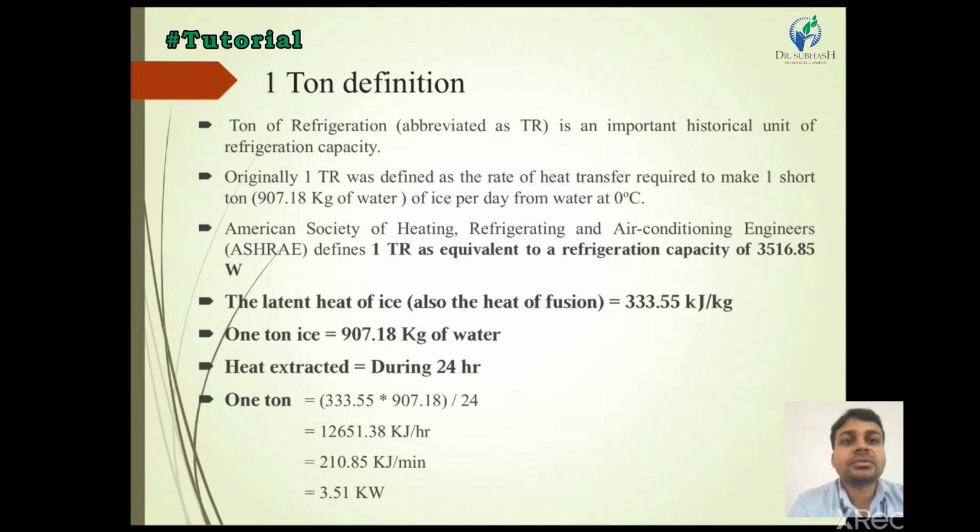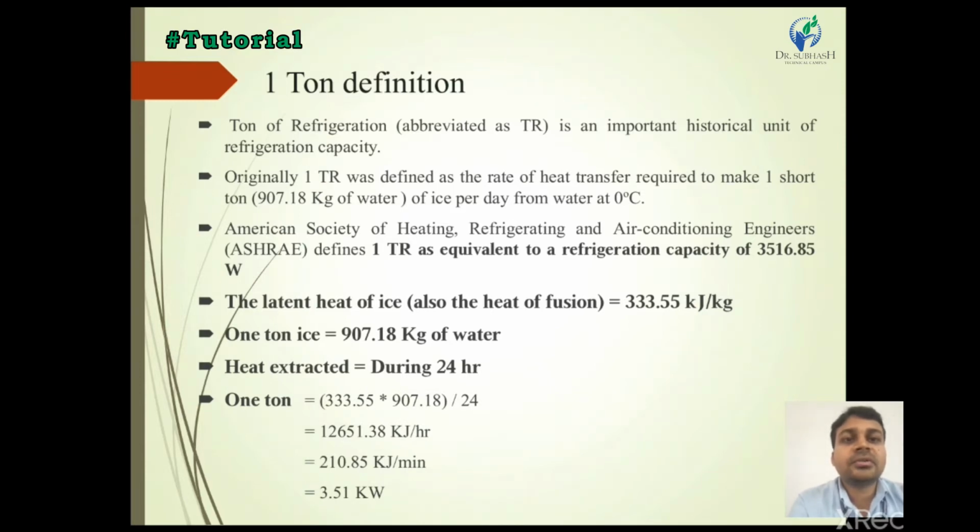The American Society of Heating, Refrigerating and Air-Conditioning Engineers, ASHRAE, defined 1 ton as equivalent to a refrigeration capacity of 3516.85 watts. We are just defining the 1 ton units.